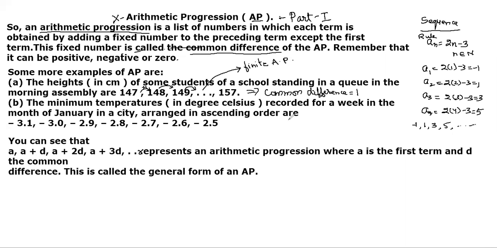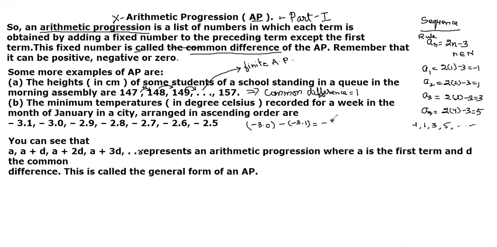Similarly, the minimum temperatures recorded for a week in the month of January in a city, arranged in ascending order, are minus 3.1, minus 3, minus 2.9. So how will you find this difference? You just have to subtract: second term, minus 3.0, minus the first term, minus 3.1.